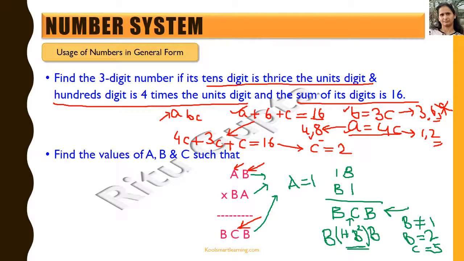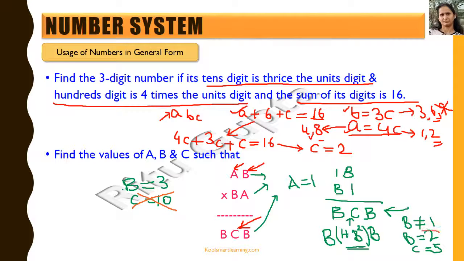And if we take B equal to 3, we get 1 plus B square, which is C, equal to 10. So this is not a single digit, so we will rule this out.